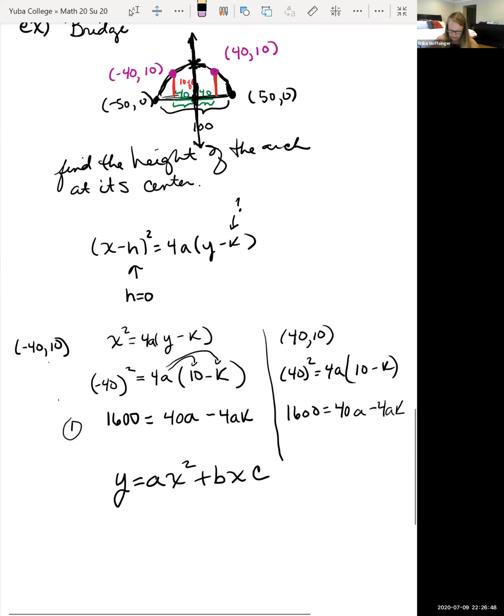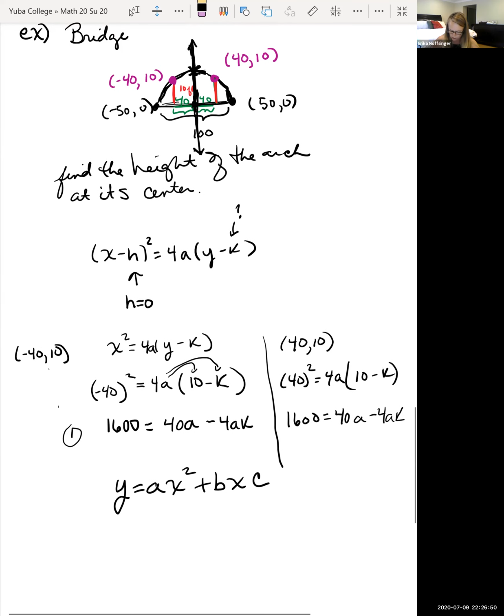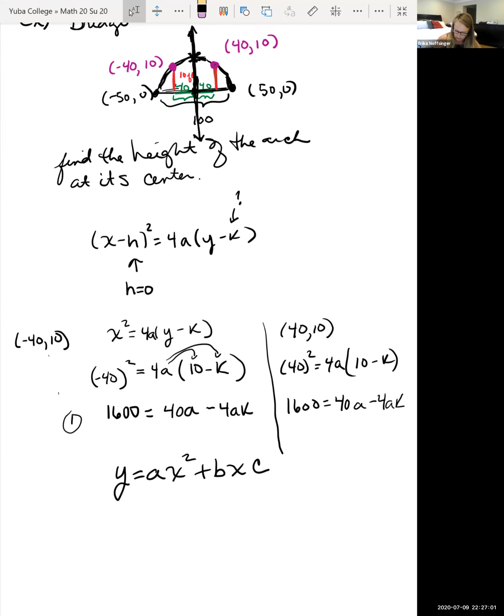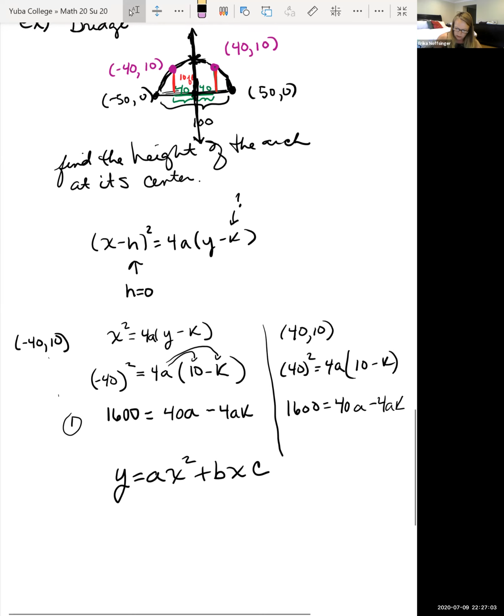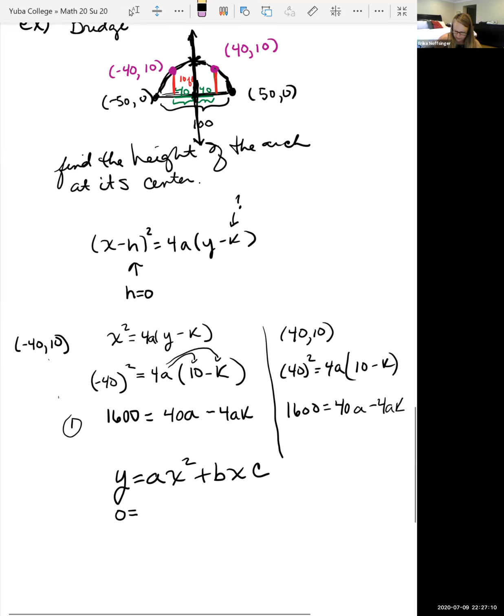So if we plug in values for x and y, if I plug in this point, this is 50, this is 0, this would be 0 equals a times 50 squared plus b times 50 plus c.